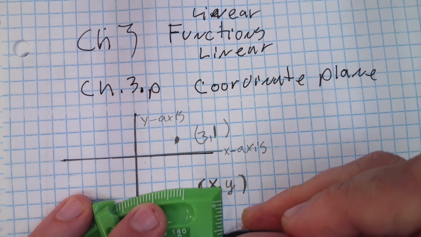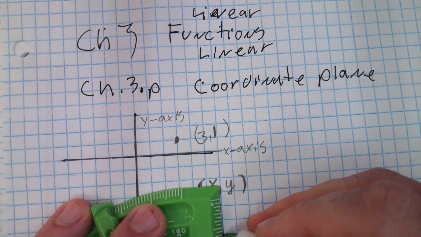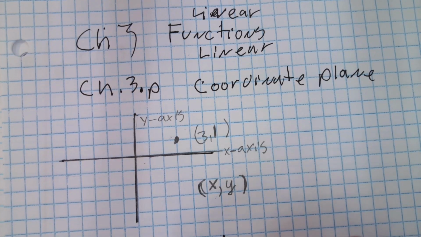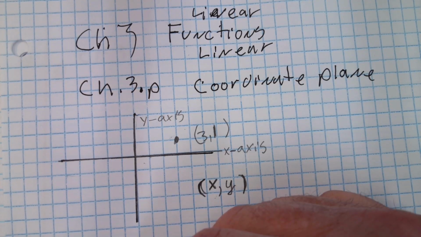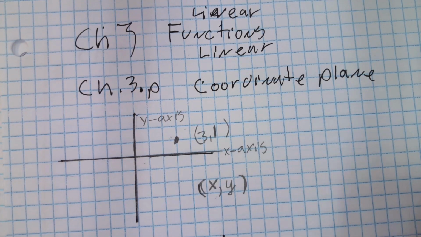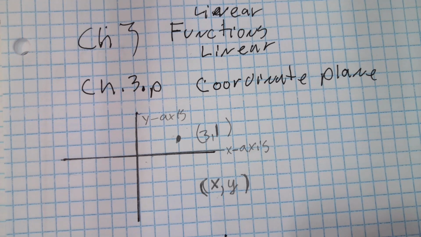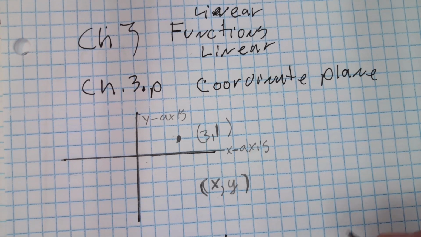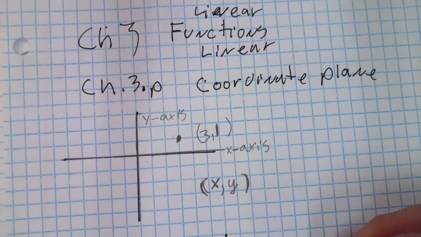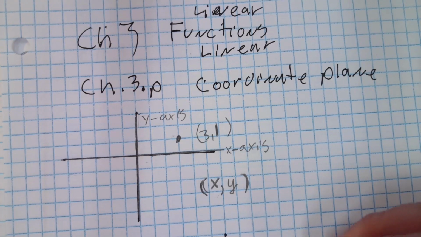One of the things that we need to remember, and this is something that a lot of us might have missed or didn't remember, is there are 4 quadrants. Okay, and this is how it's going to work. This is going to be quadrant 1.